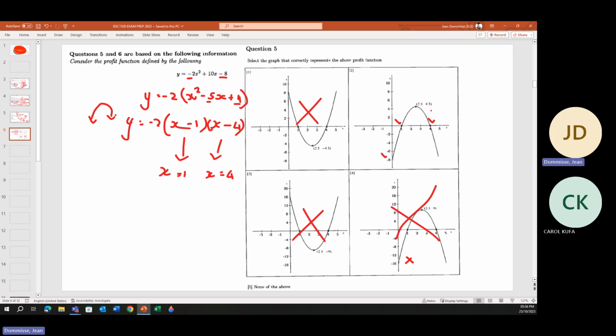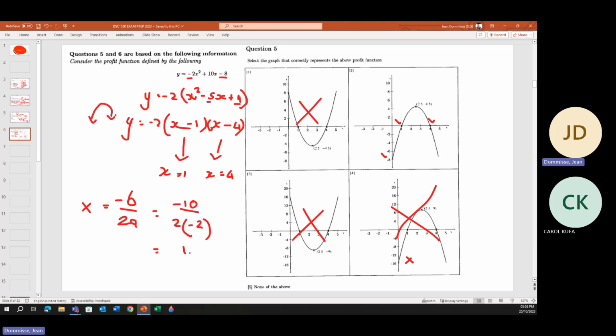And the last thing, if we want to work out the turning point, we can go with the turning point as minus b over 2a, I think, if I can remember that one. So minus b, so let's see, minus b is then minus 10 over 2 times, let's just check, 2 times minus 2, yes.